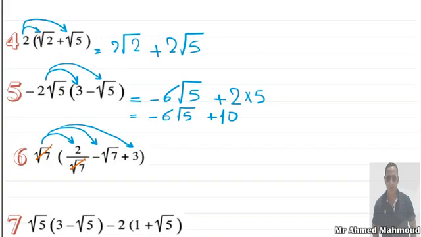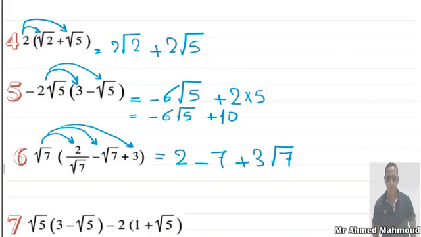Okay, and the remainder will be 2 like this. Okay, it's equal 2. Next, root 7 times negative root 7, it will be negative. Root 7 times root 7 equals 7. Okay, root 7 times 3 equals positive 3 root 7.